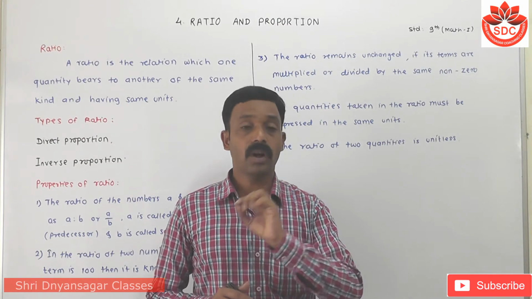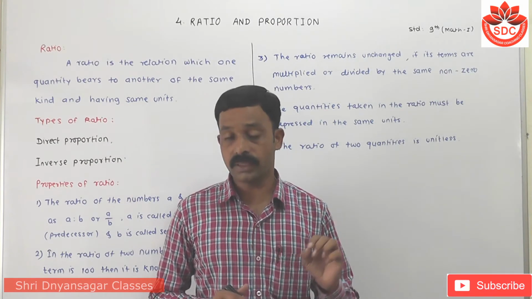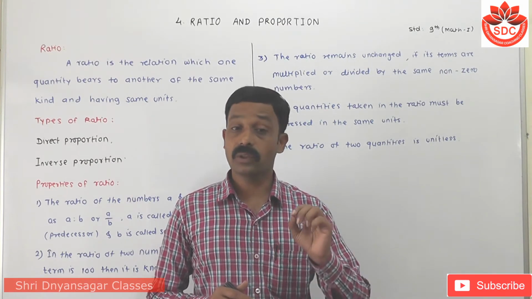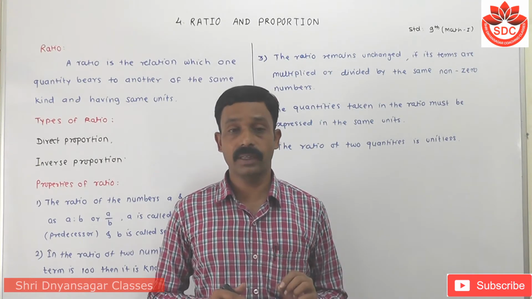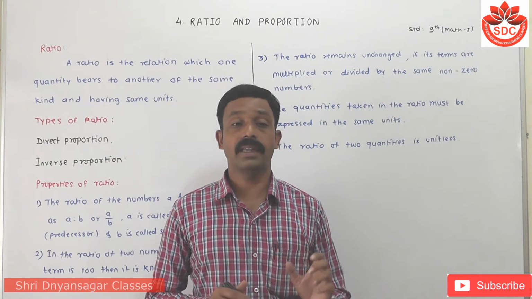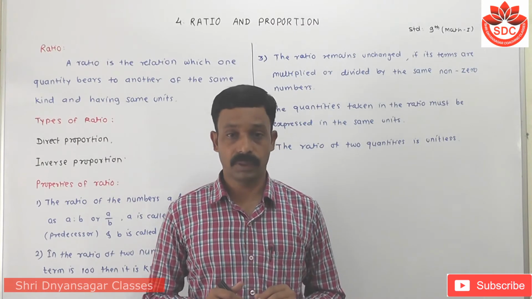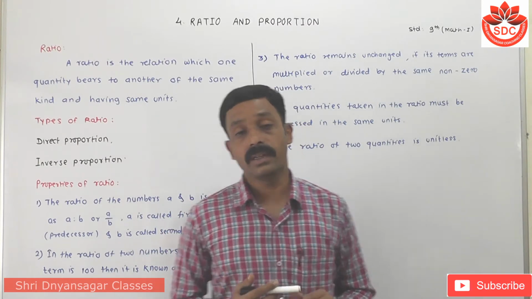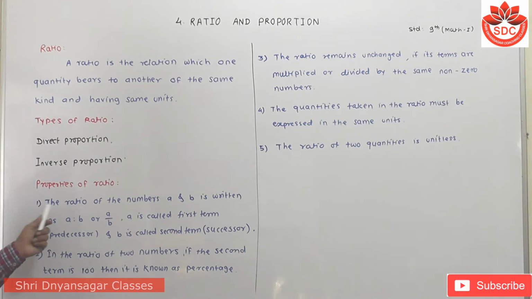The product of these, 20 into 6, is 120 and 30 into 4 is also 120, meaning the product is constant. At that time there is inverse proportion. Can you understand this? Okay.